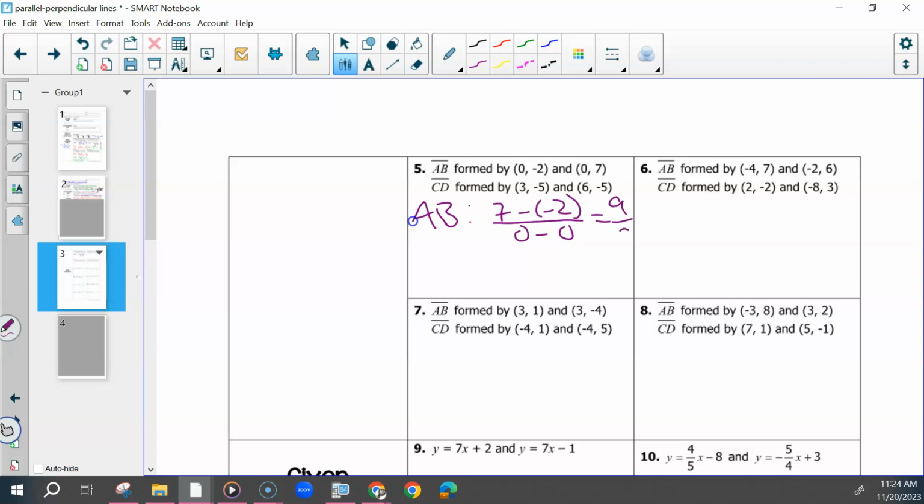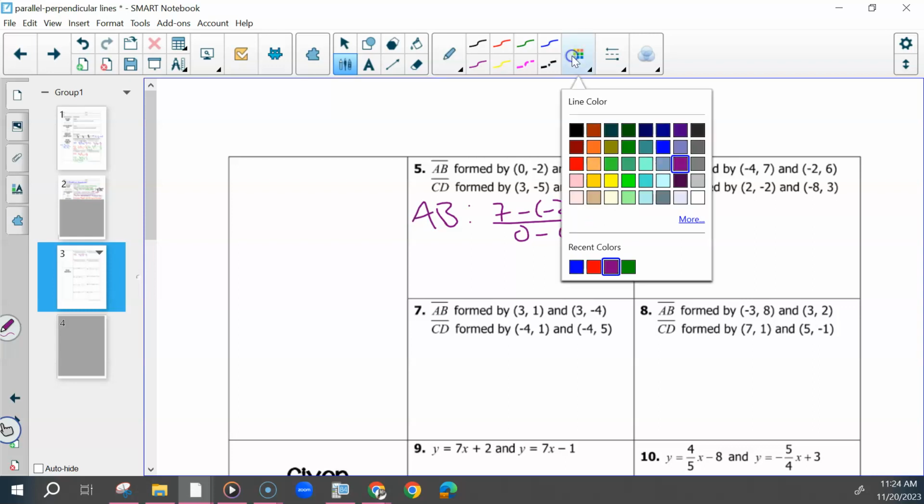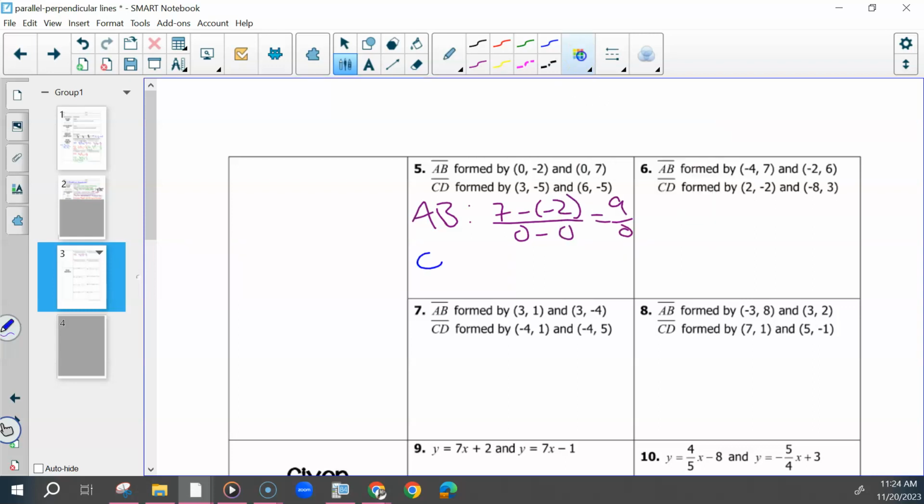So hold that thought for just a second. It is undefined, but hold on for a second. And then negative 5 minus negative 5 over 6 minus 3. But for now, I'm just going to put 0 over 3. We already know that 1 is 0, 1 is undefined.